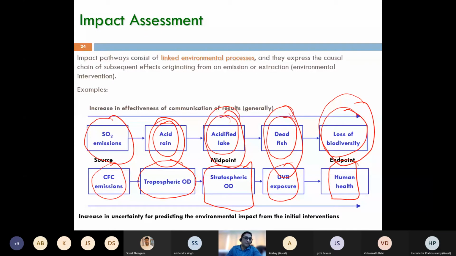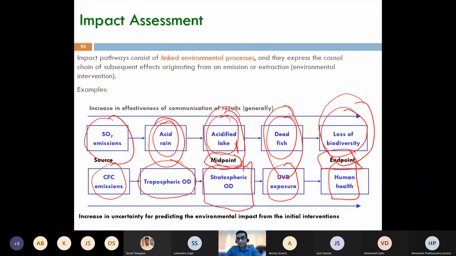So when we are doing impact assessment, we can either focus on midpoints or endpoints. The midpoint is an acidified lake or a stratospheric ozone depletion, which means this is the impact that has been caused. It is easier to quantify because it has much more scientific basis. We can quantify easily, like if this is the amount of emissions, this is the amount of acid rain we can expect, or this is the level of decrease in pH of the lakes that we can get.